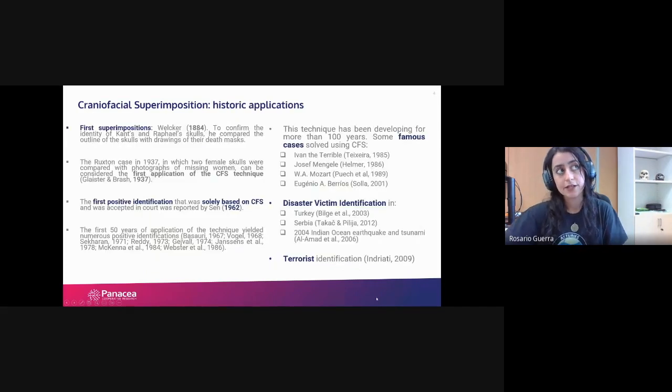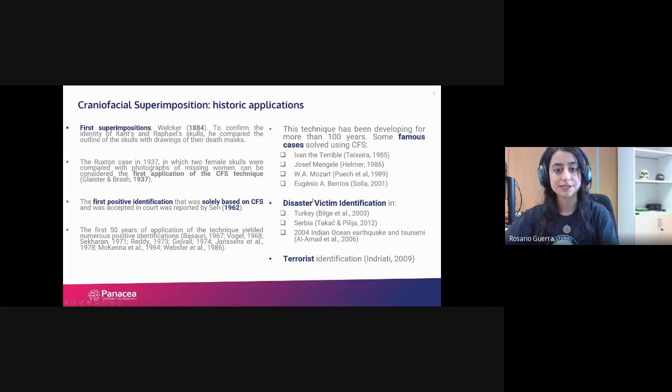The background of the technique is very extensive. This is a technique that has its first applications more than a century ago. And here in this slide, you can see that I've listed some relevant cases in which it was used for the identification of famous cases like Ivan the Terrible, Mengele or Mozart.